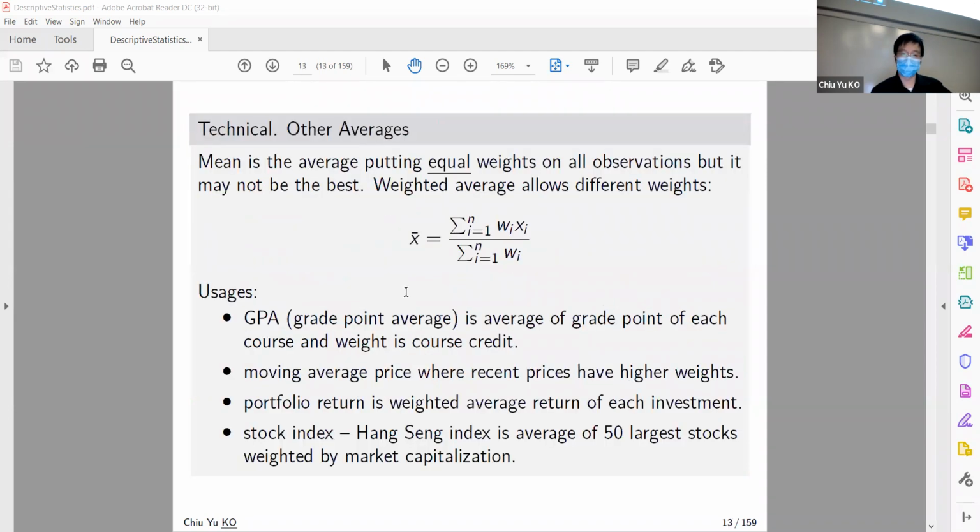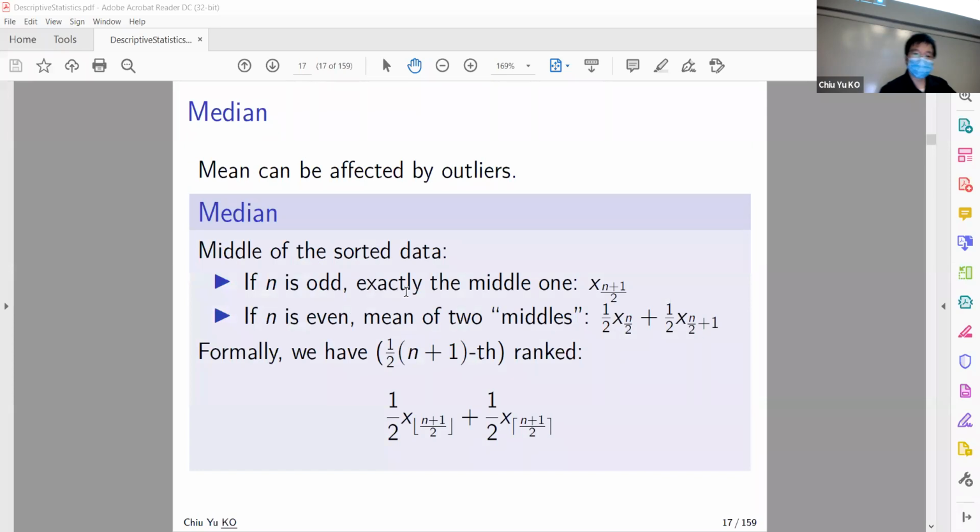We don't go into the technical details now. The median is also the center of data, but you don't care about the distance of the data, just the exact center. You sort the data and take exactly the middle one. If the number of observations is odd, there exists exactly one middle one.